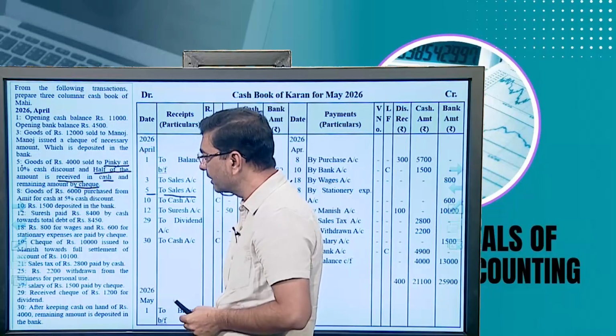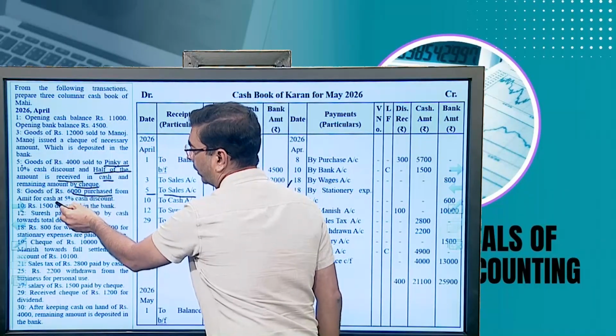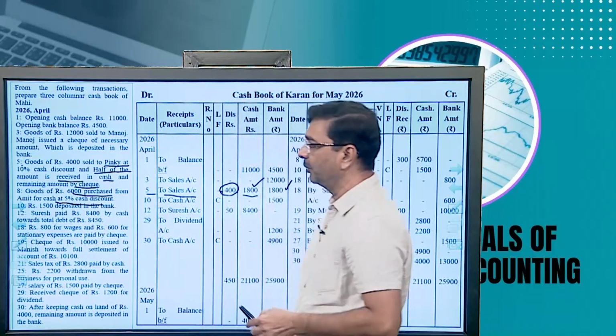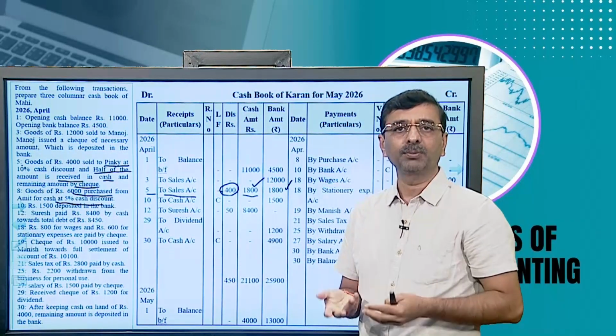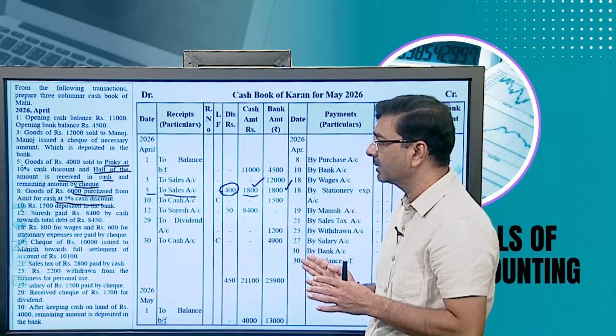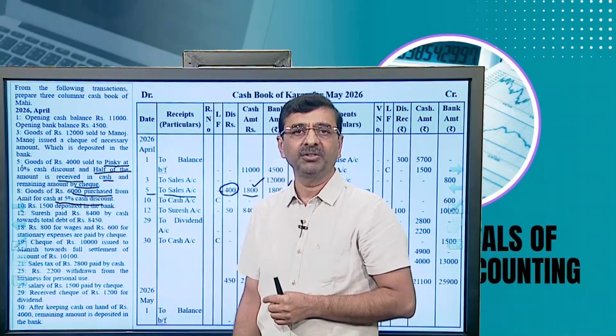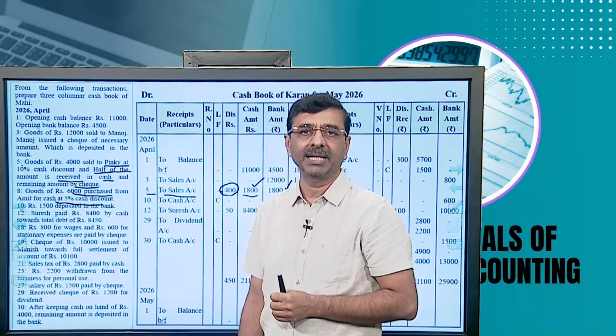Moving to the next transaction, goods of rupees 6,000 purchased from Amit for cash at 5% cash discount. So the goods are purchased from Amit, 5% cash discount is allowed, so the transaction is completely a cash transaction. 6,000 into 5% is 300, so the remaining amount is 5,700.